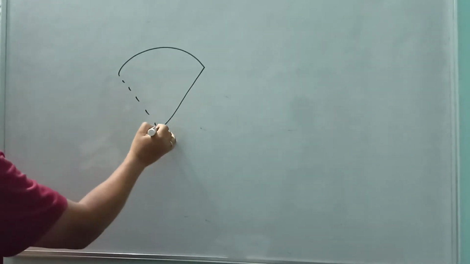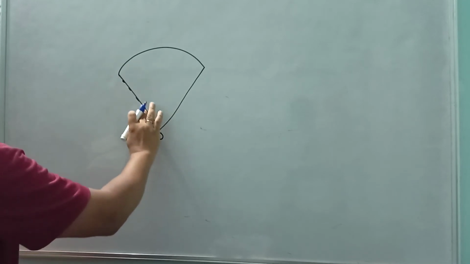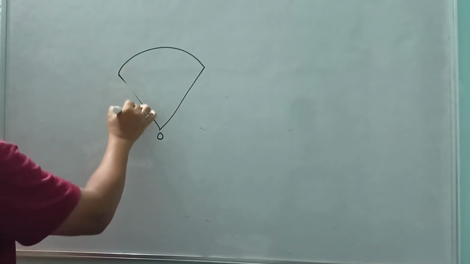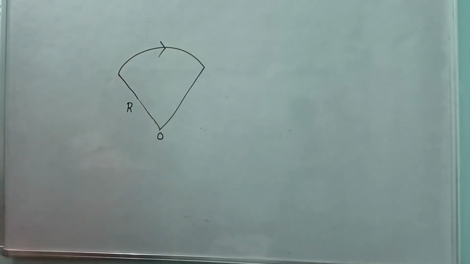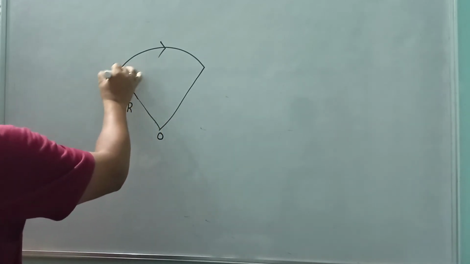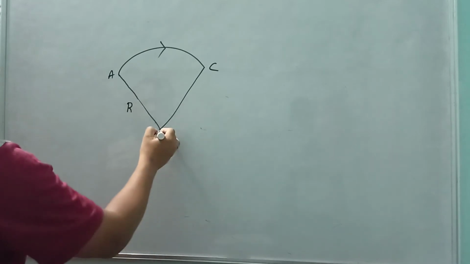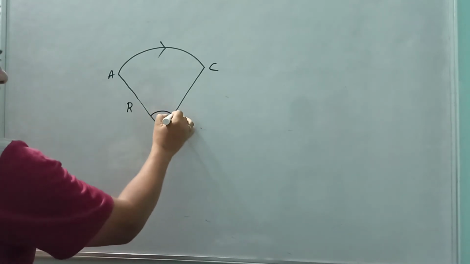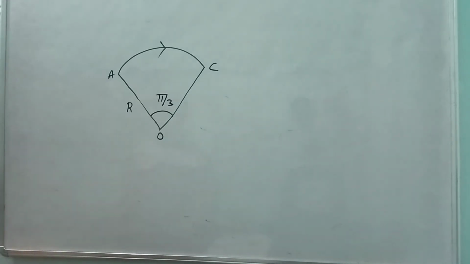This is O, and R is the radius of the circular arc. Suppose SC is the arc, O is the center, and this angle is pi by 3, or you say 60 degrees.